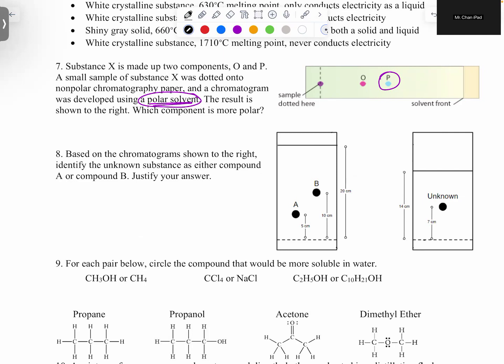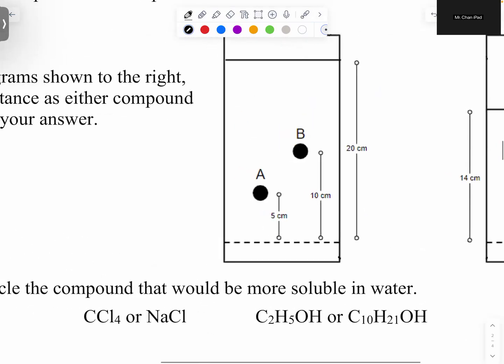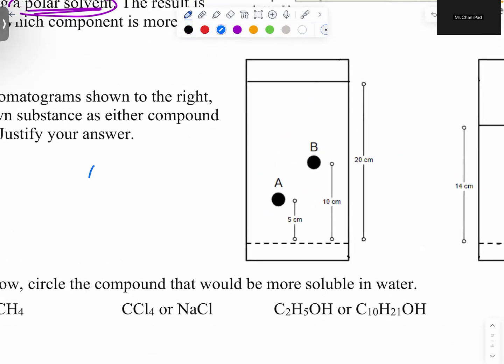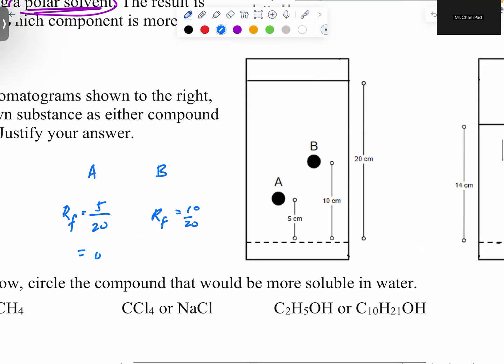The RF value? So for A and B, we ask, what's the RF value? It's just part of a whole. One quarter, which is 0.25, and this is 1/2.